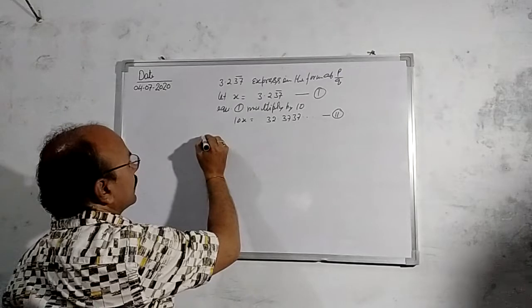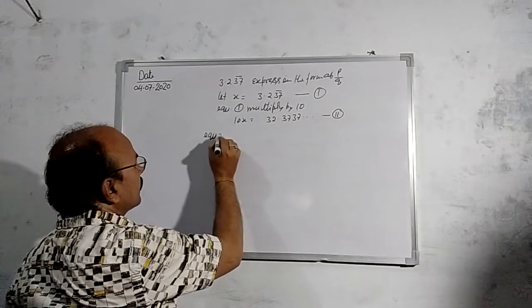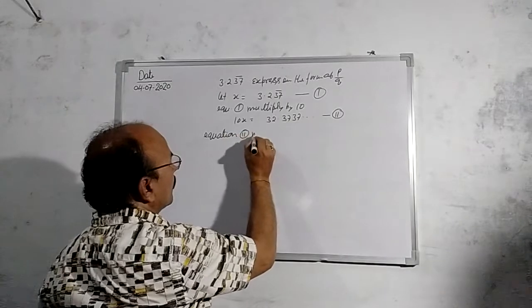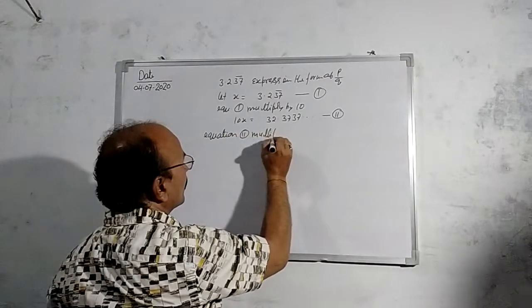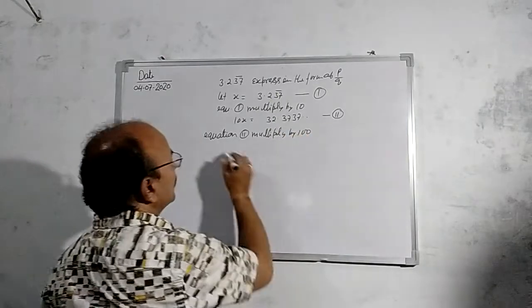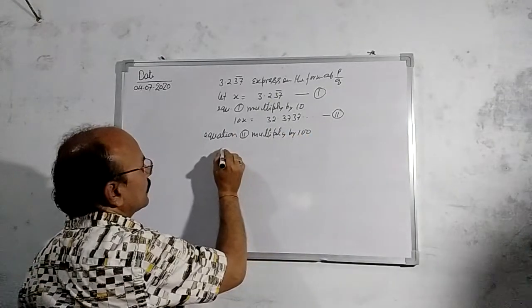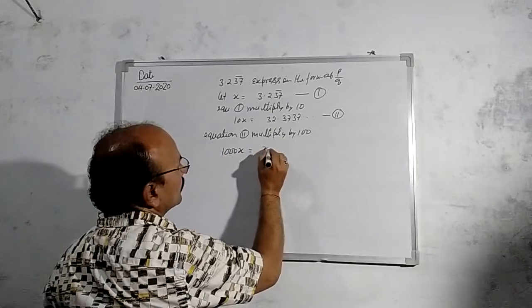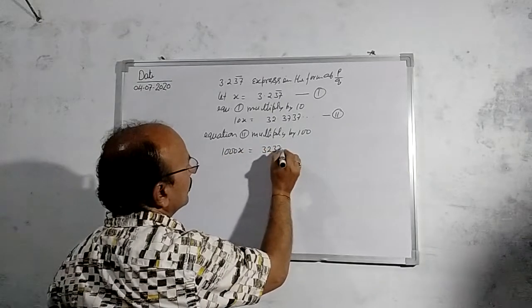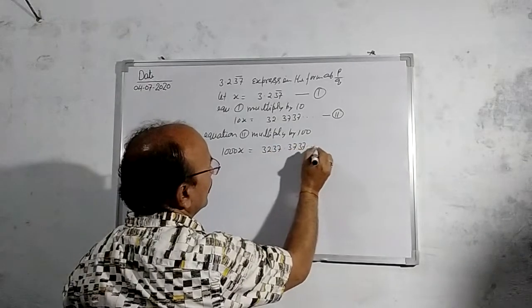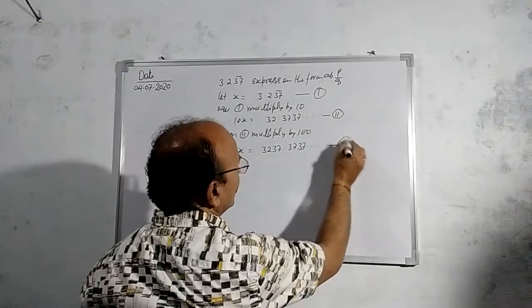So write down here equation 2 multiplied by 100. So we get 1000x is equal to 3237.3737 and so on, equation 3rd.